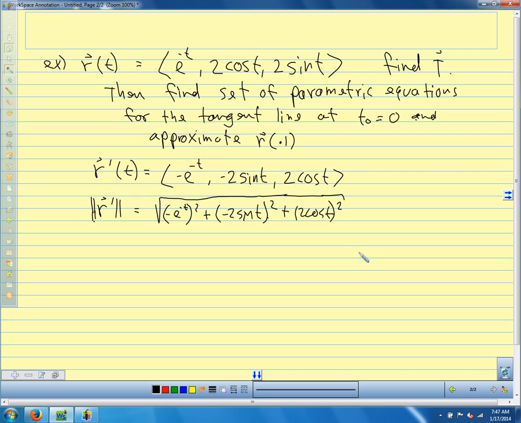And when I simplify this out, I get the square root of e to the minus 2t plus 4.